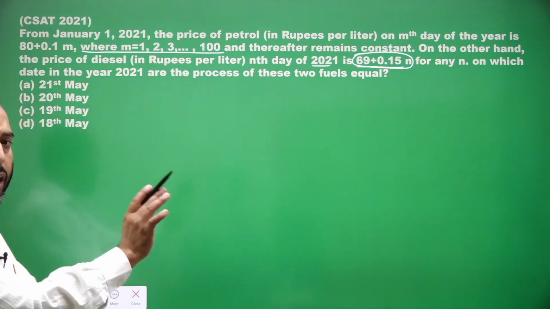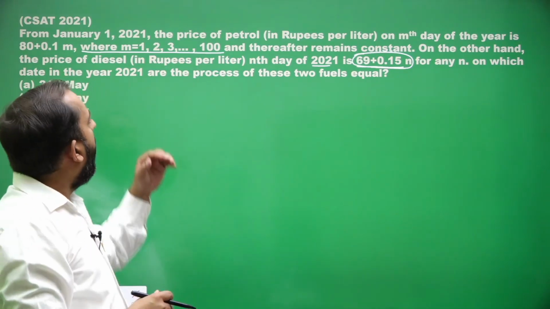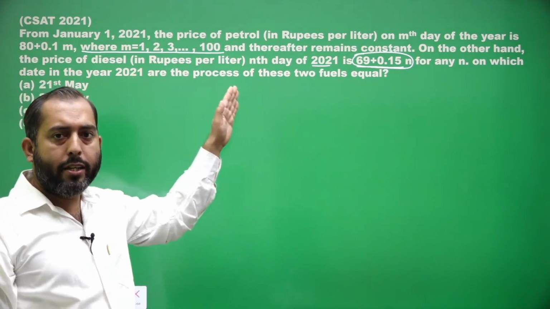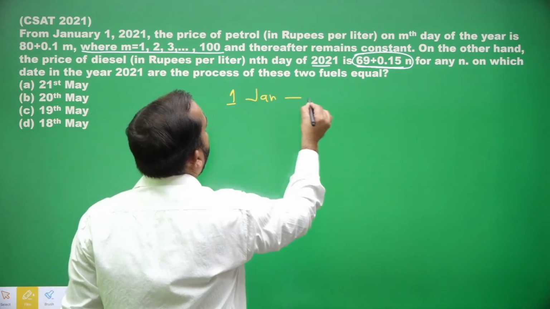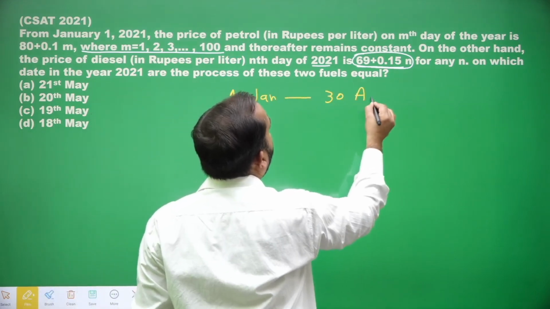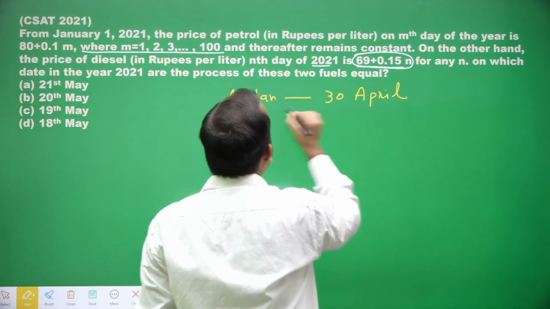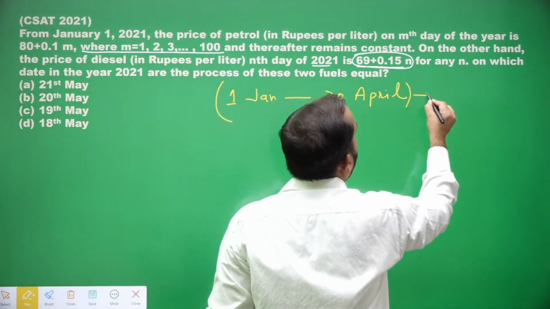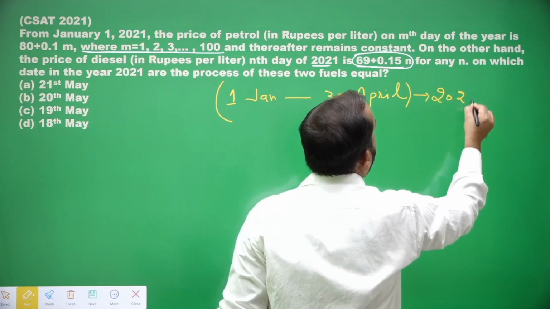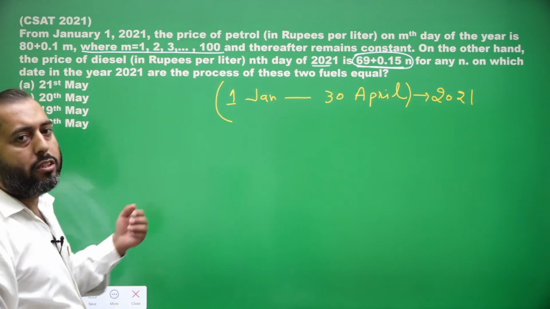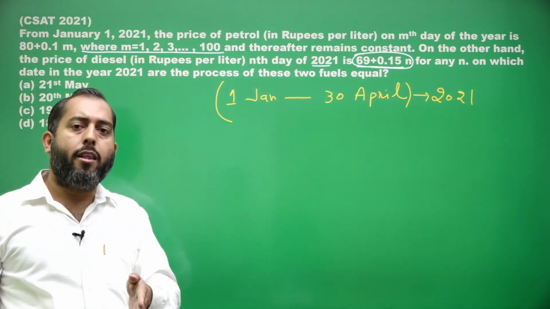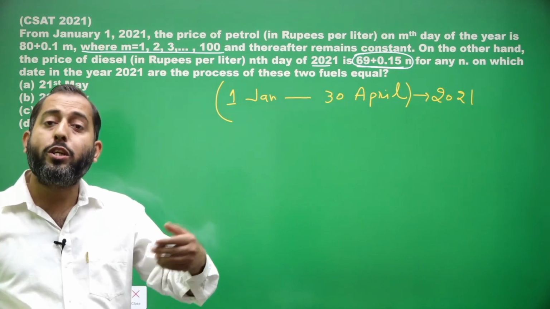Now, let's find out how many days there are from 1st January to 30 April for the year 2021. Why till 30 April? Because January, February, March, April, and after April, which month comes?